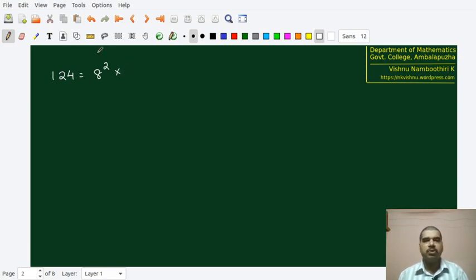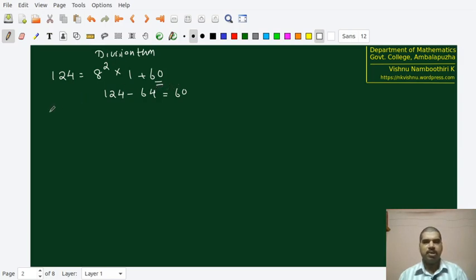We are basically going to use the division theorem here. So 8 square into 1 is 64, and after that 60 is remaining. 124 minus 64, that's already taken, what's remaining is 60, the remainder is already here, we need not look anywhere else.